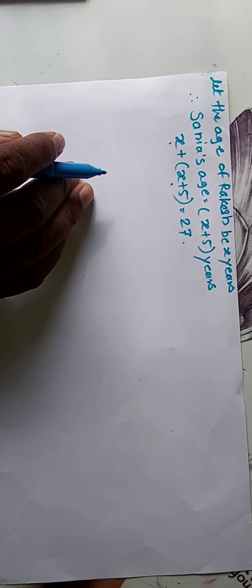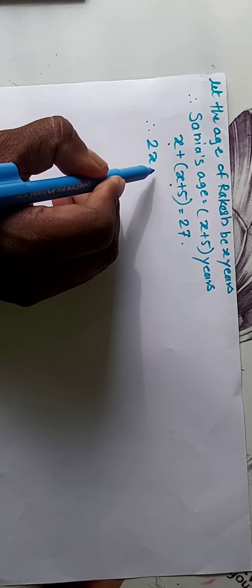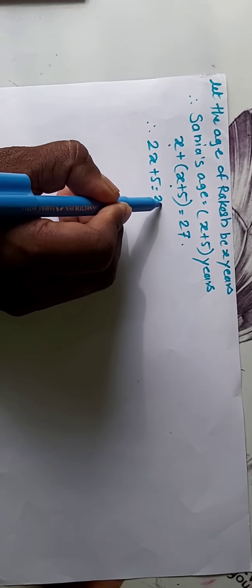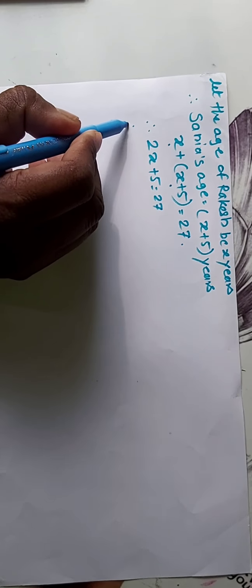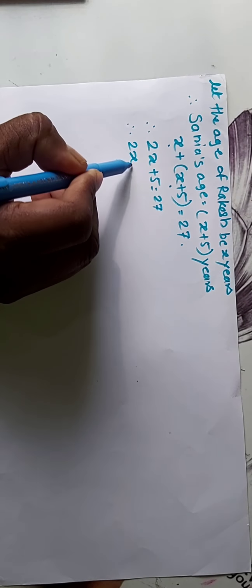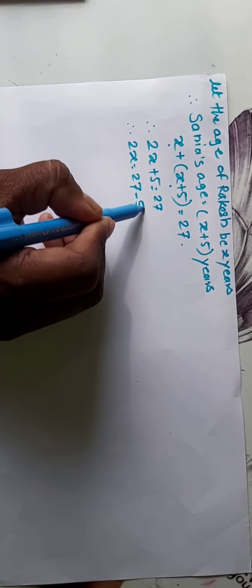Now we got this equation, we have to solve it. So x plus, in brackets, x plus 5. x plus x means 2x, plus 5 is equal to 27. Now we know how to solve this. Transposing this 5 to the other side, it becomes minus.